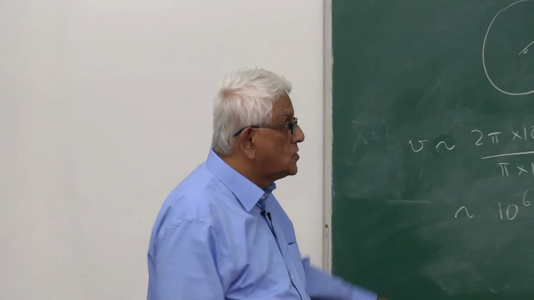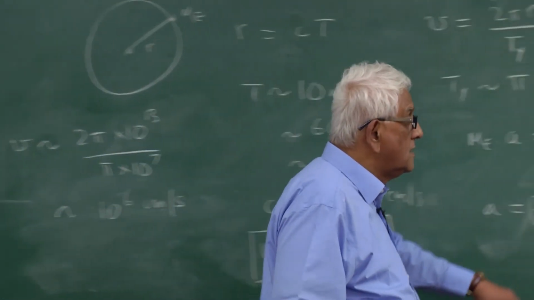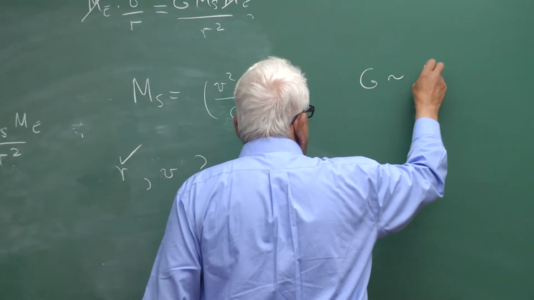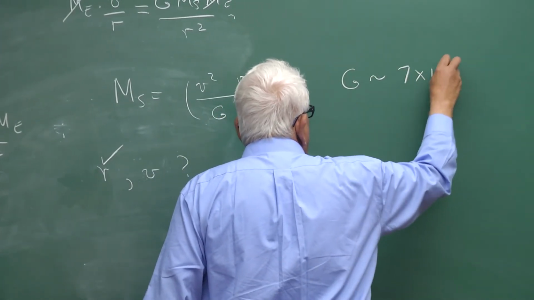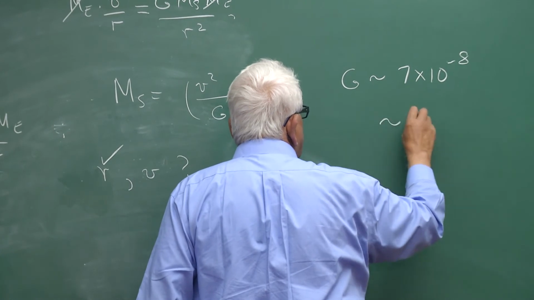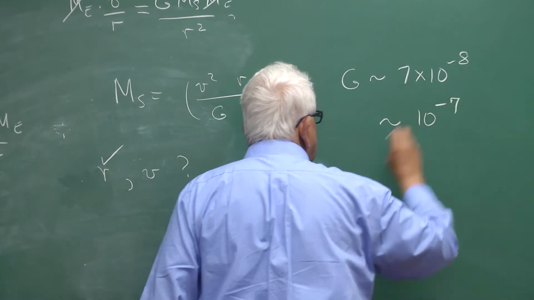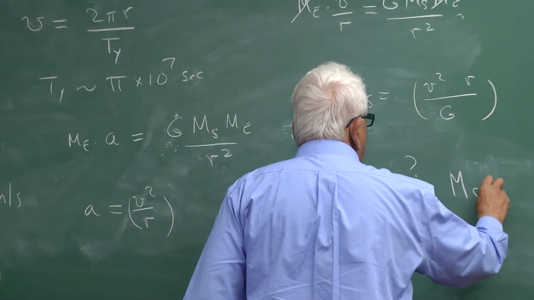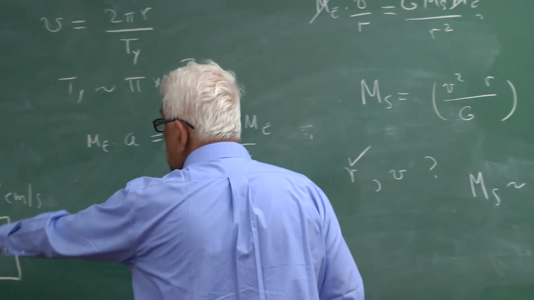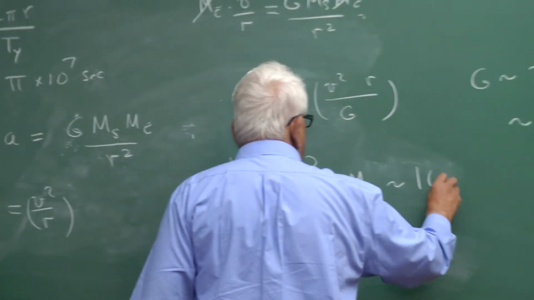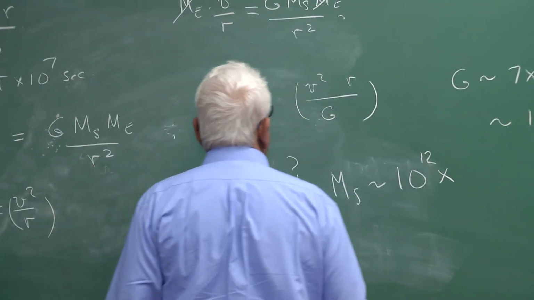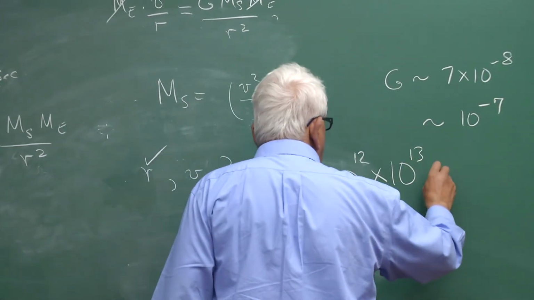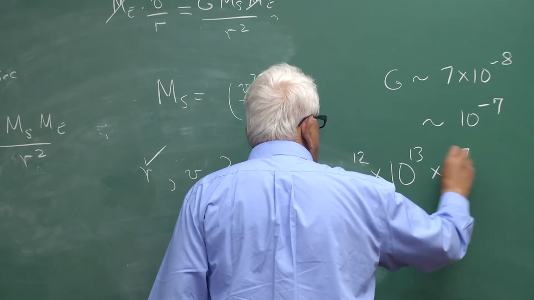Okay, so we have these. Now G is known. G is roughly 7 times 10 to the power of minus 8, which is roughly 10 to the power of minus 7. So now what is the mass of the sun? V squared, 10 to the power of 12, multiplied by r, 10 to the power of 13, multiplied by 10 to the power of 7.